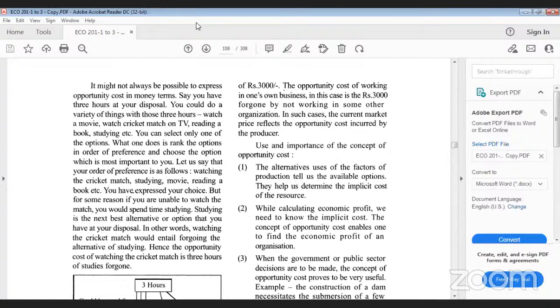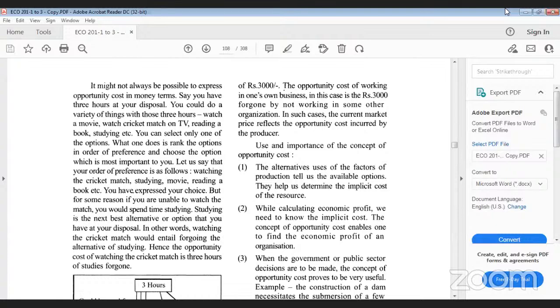Second, while calculating economic profit, we need to know the input cost, and the concept of opportunity cost enables one to find the economic profit of an organization. Third, when government or public sector decisions are to be made, the concept of opportunity cost proves to be very useful.